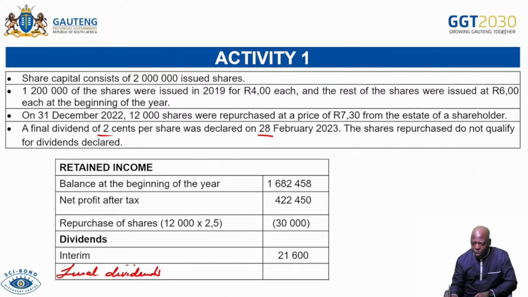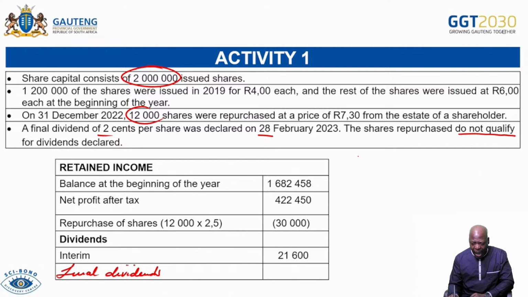The shares repurchased do not qualify for dividends declared. So it simply means out of the 2 million that were in issue, the shares repurchased, which is the 12,000, do not qualify. The examiner has already told us that it is only the shares in issue, the shares on the share register, that can qualify. The shares that we've repurchased will not qualify.